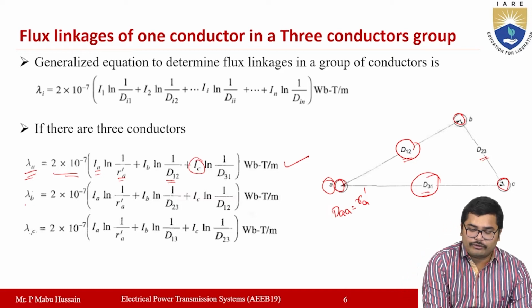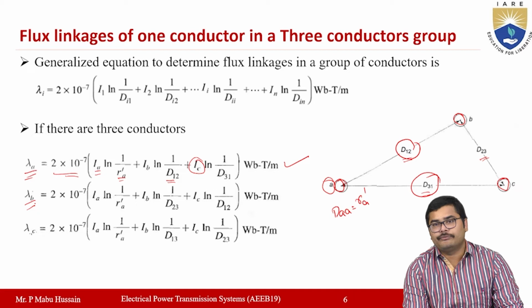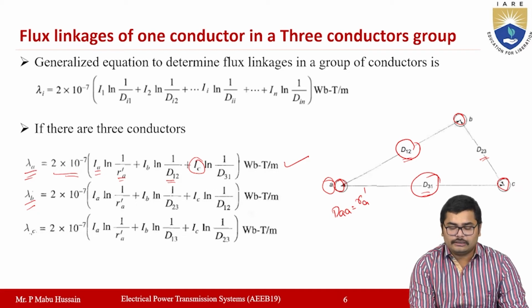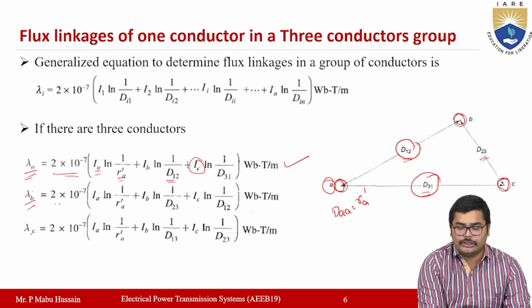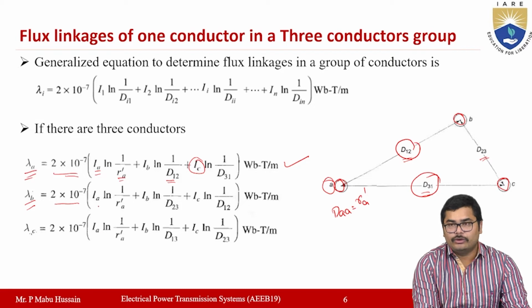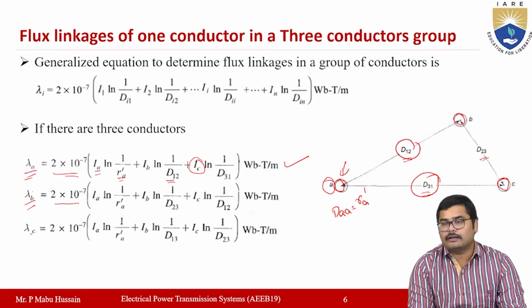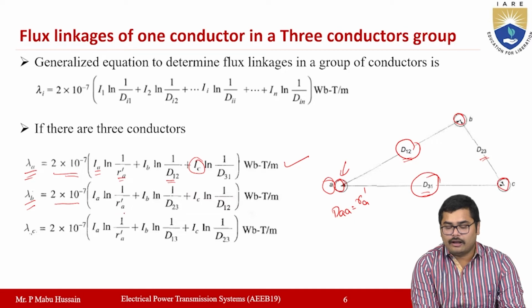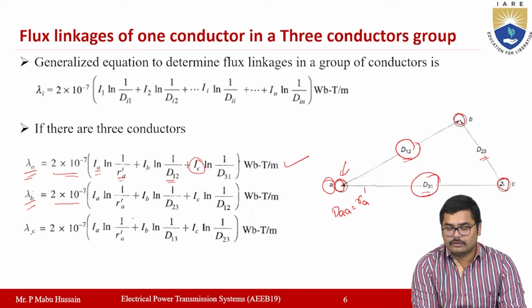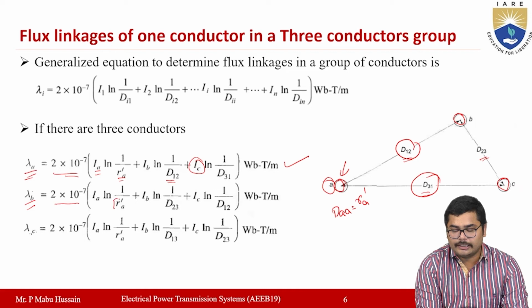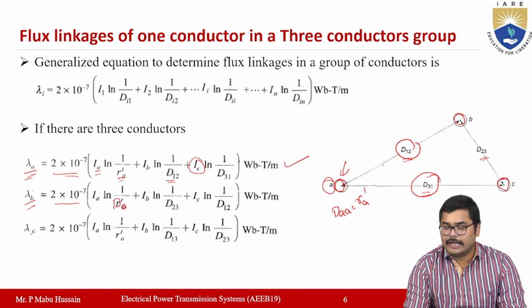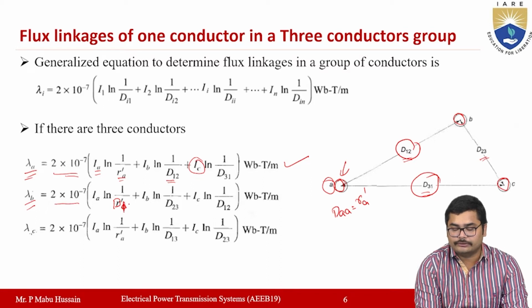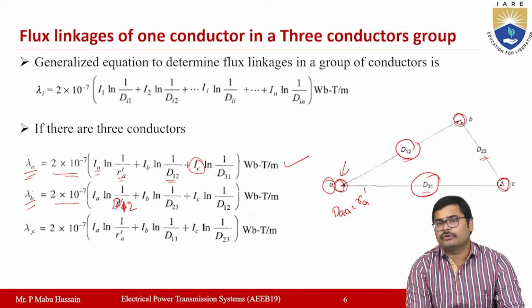In a similar way, if you write the flux linkage of conductor B, then the flux linkage of conductor B will be equal to 2 into 10 power minus 7 into, if you consider the first current IA, then IA into ln 1 by, so here 1 by D, the distance between A and B, D12 you have to write here.